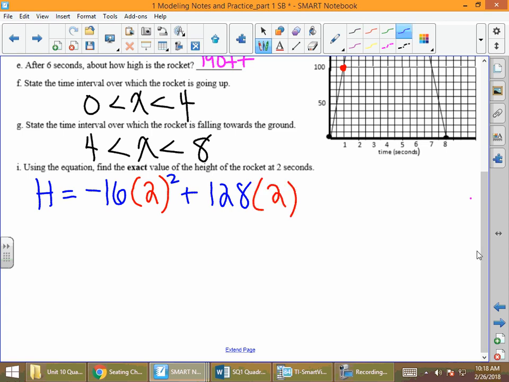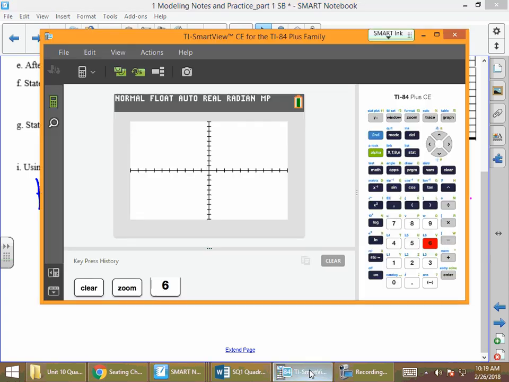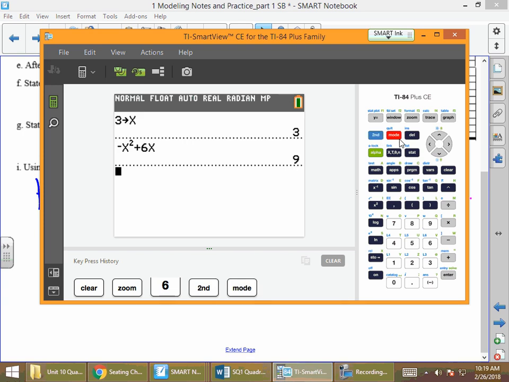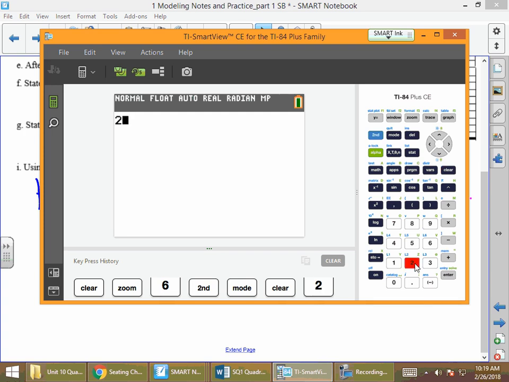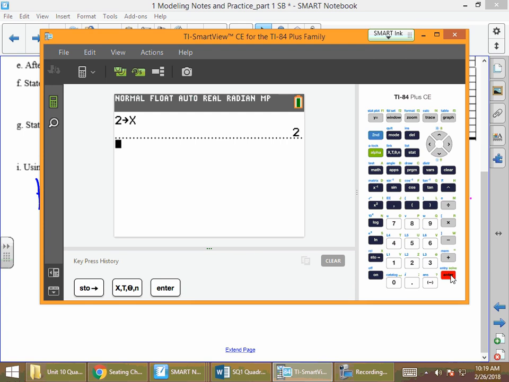So if you have the most basic of calculators, there's the computation to get the value. But I'd like to show you the store button again. What we're going to do is take 2 and store it in x, enter, and then we type in our function: -16 x squared, which is t in our formula, but we're going to use x, plus 128x.